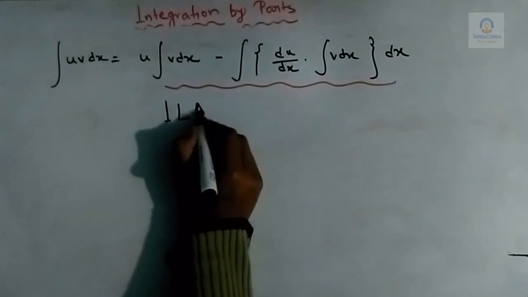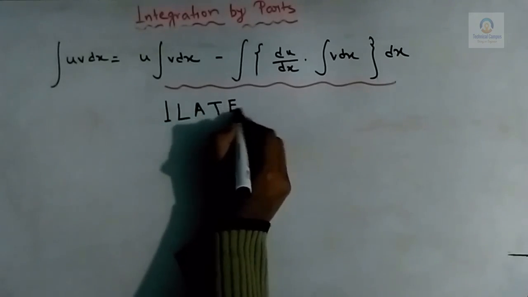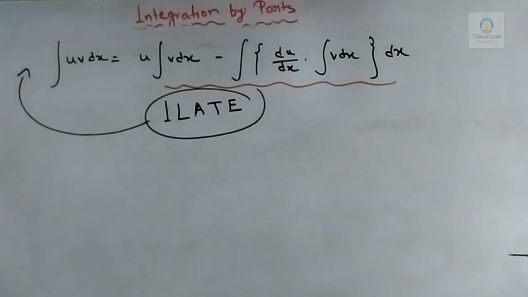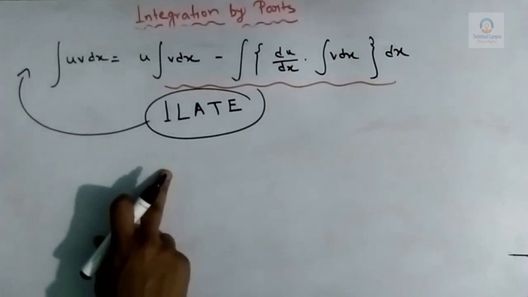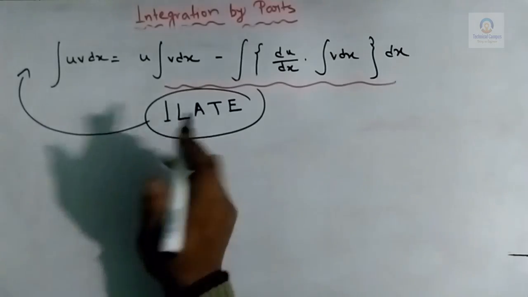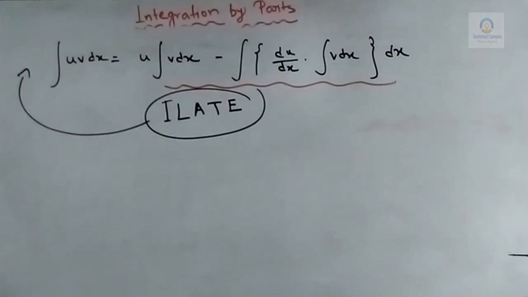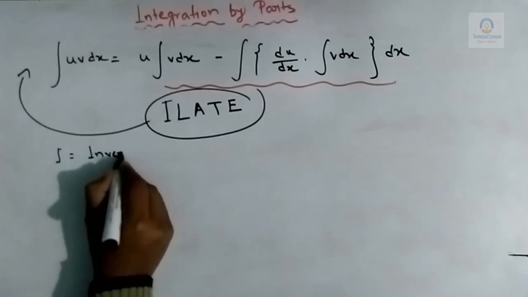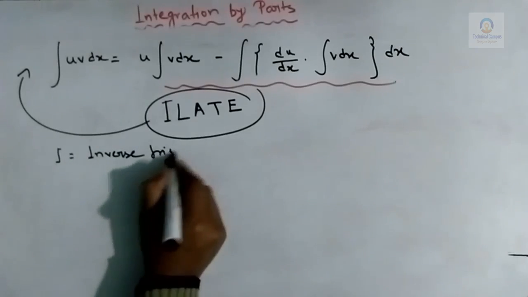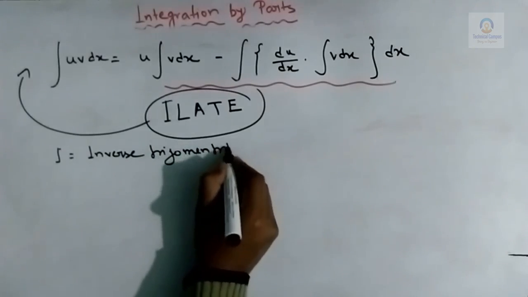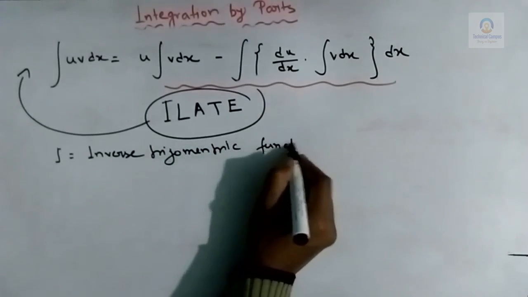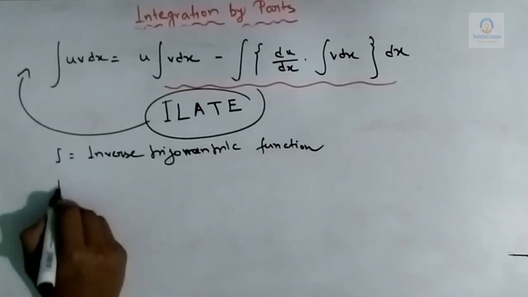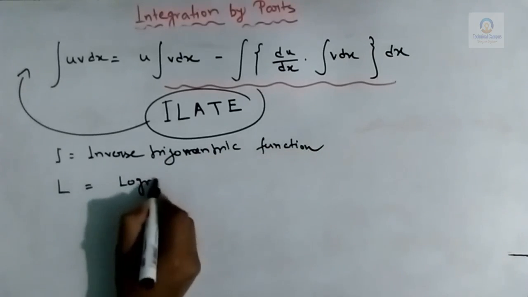Let us learn about LIATE, and then we will solve one example to learn its use in integration by parts. LIATE means the function which comes first in the letters LIATE will be taken as the first function. I means inverse trigonometric function. L stands for logarithmic function.